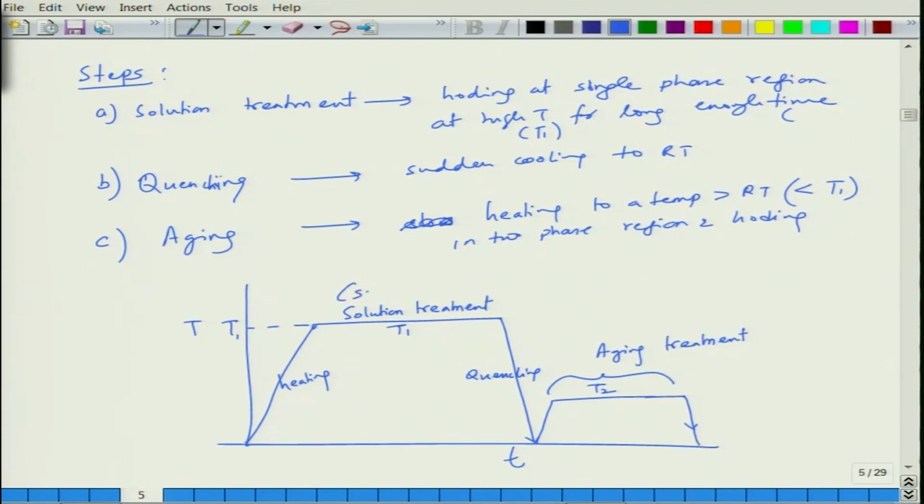So this is basically the single phase high temperature region, and this is the two phase low temperature region.